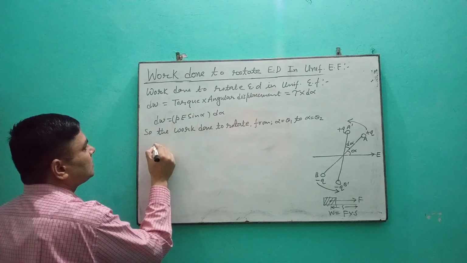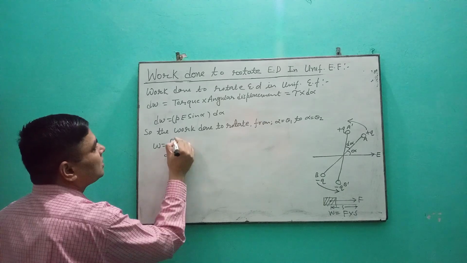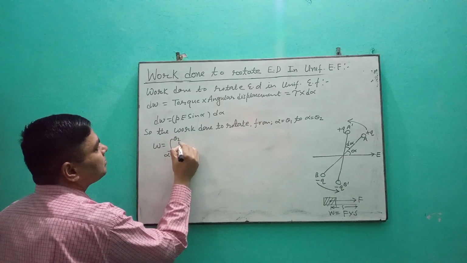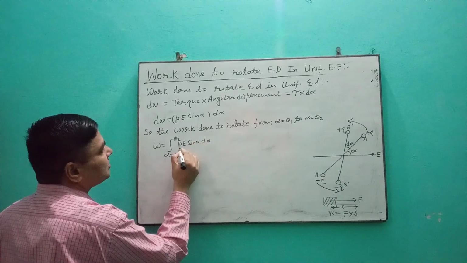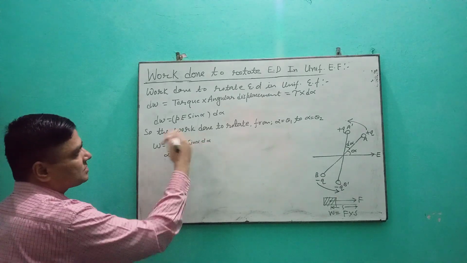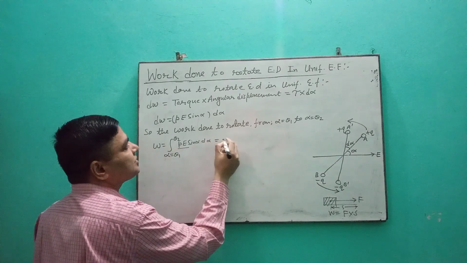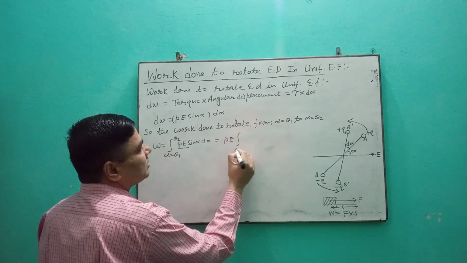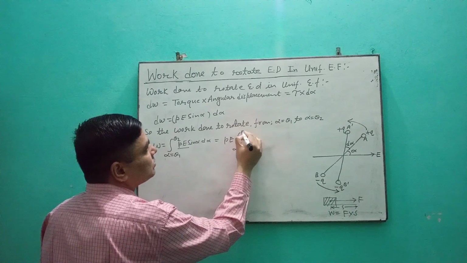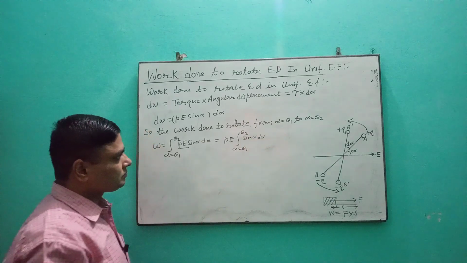So W is equal to the integration from alpha equals theta 1 to theta 2 of P into E into sin alpha d alpha. PE is constant, so it comes out of the sign of integration. So its value will be P into E into the integration from alpha equals theta 1 to theta 2 of sin alpha d alpha.